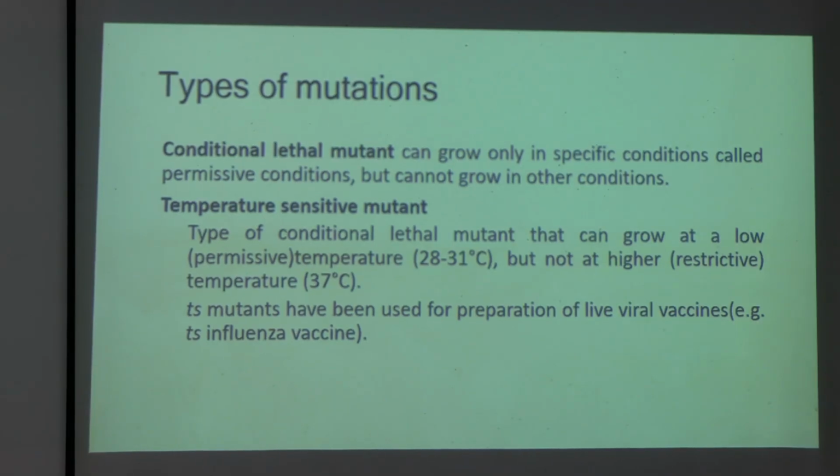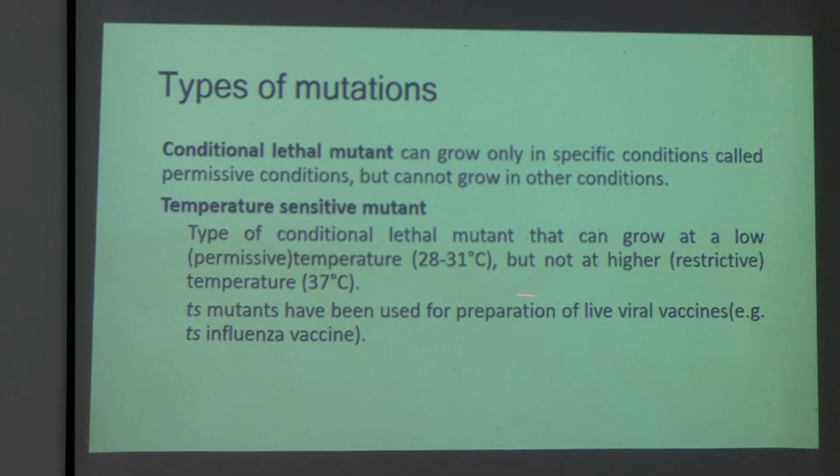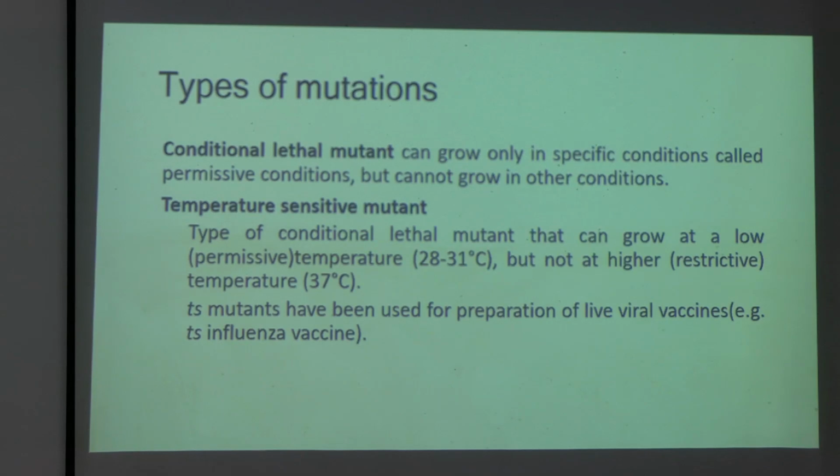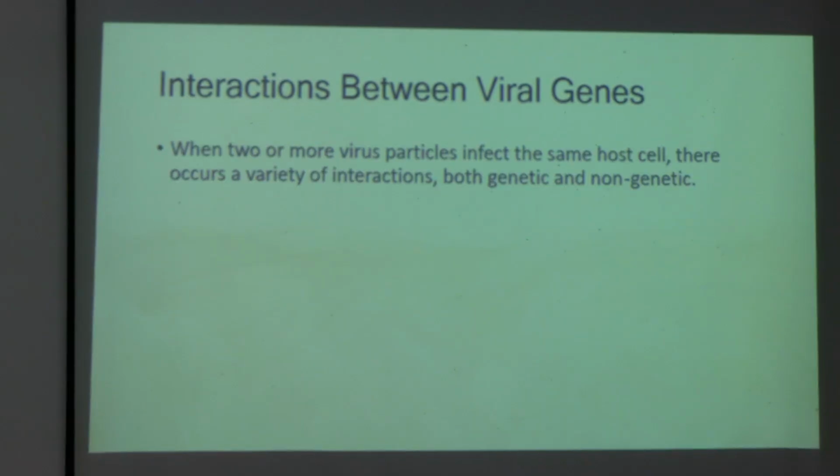That is, in the human body they are restricted because of the higher temperature. So how does this help us? The temperature sensitive mutant helps us in preparation of live viral vaccines. An example is the influenza vaccine.